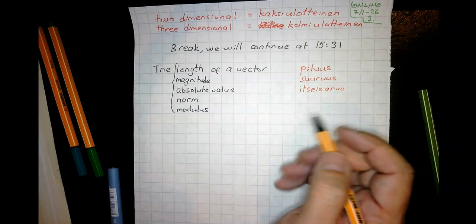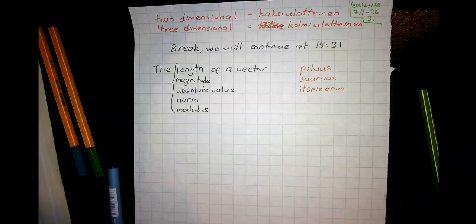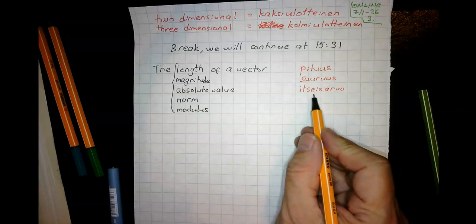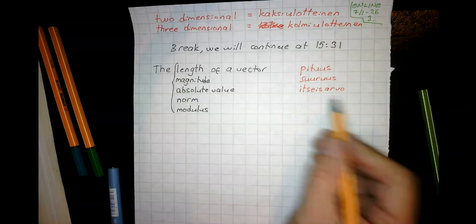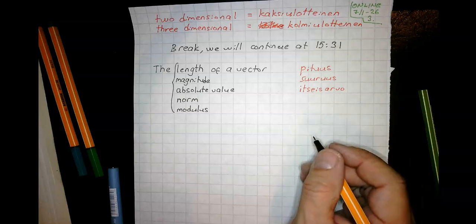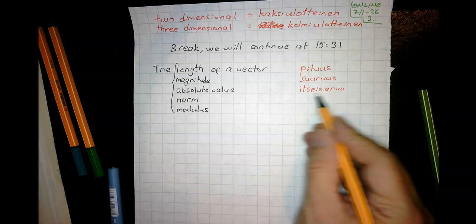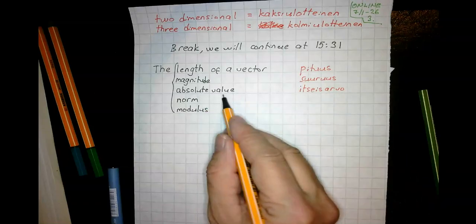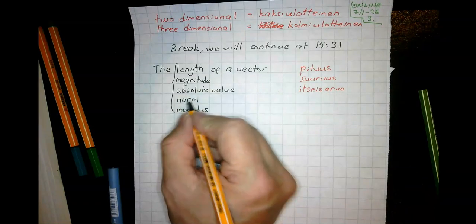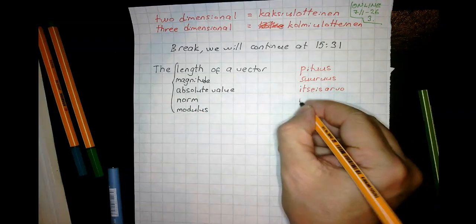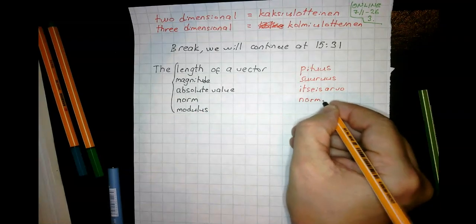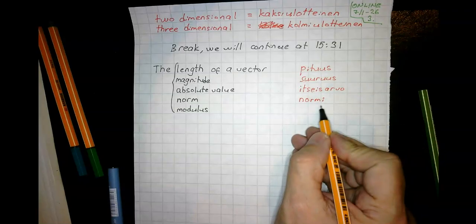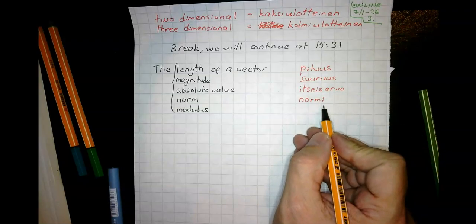Itse means something like myself. Minä itse, myself. I don't know why. I don't understand the logic of this word in Finnish, but itseisarvo means the same as absolute value. This norm, we use it in the form normi. So again, the I ending there.